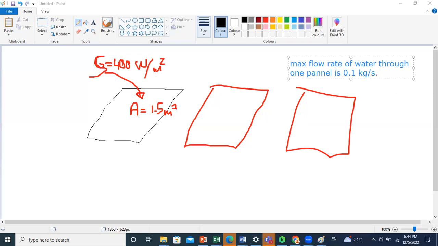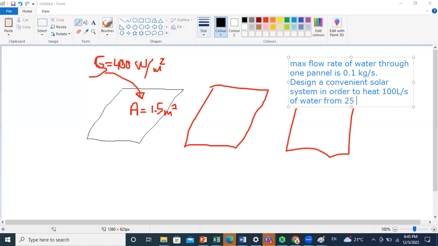Now, design a convenient solar system in order to heat 100 liters per second of water from 25 to 60 degrees.